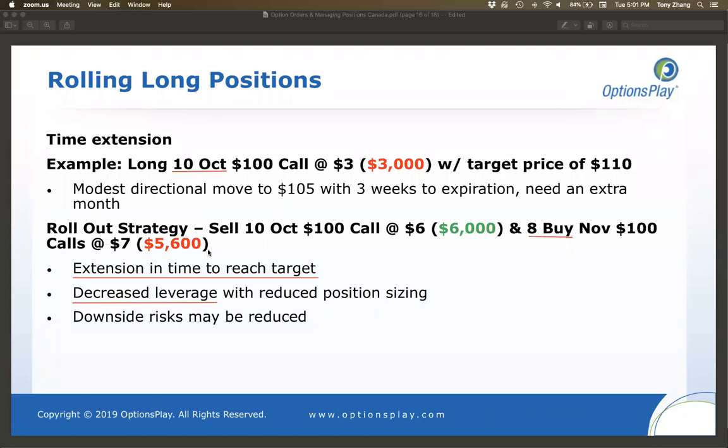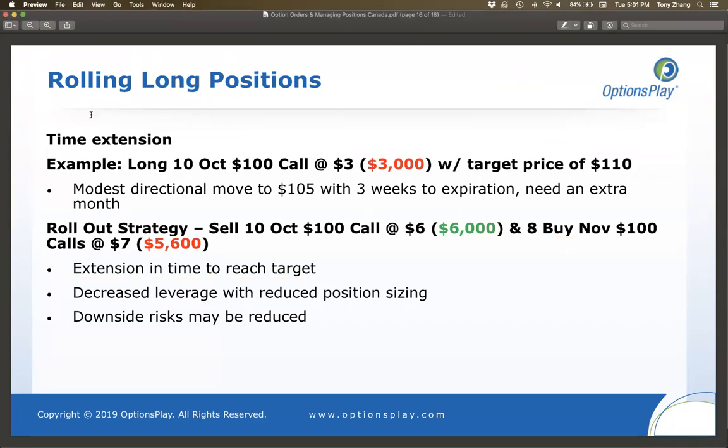So you actually reduce your risk by about $400. Not only did you reduce your risk by $400, you bought yourself a whole other month without spending any more money. So this is one way that you can roll a position to give yourself a little bit more time on a specific trade.